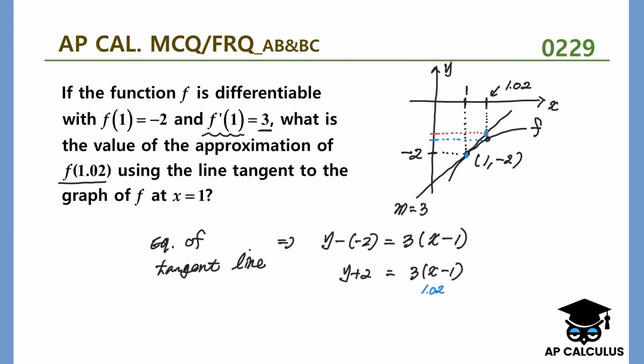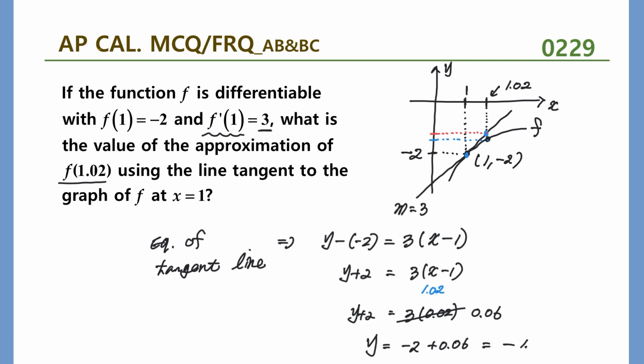So when x is 1.02, that's going to be 3 times 0.02, which is equal to 0.06. So y is equal to -2 plus 0.06, which is equal to -1.94, right? So the answer, this value right here, is -1.94.